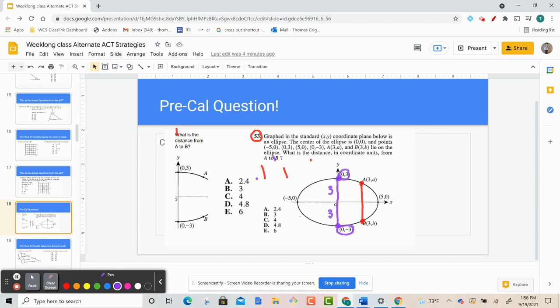Well, in fact, it can't be 3 because each one of these smaller distances is 3. So just using that fact alone, 4.8 really is the answer. We won't go into the math behind that on this question, but use that estimating strategy on a question like this.